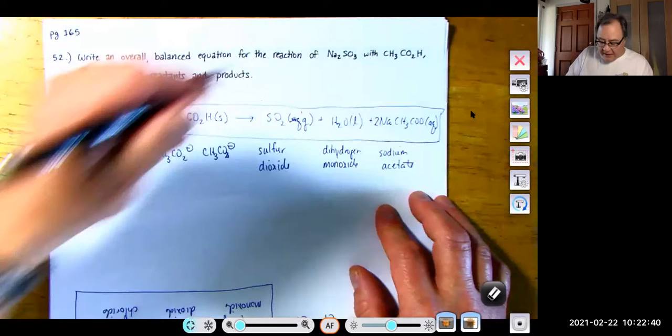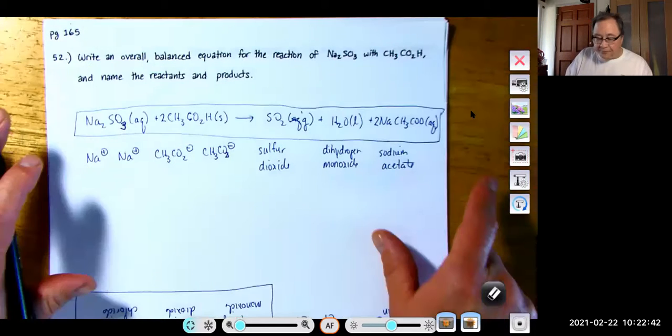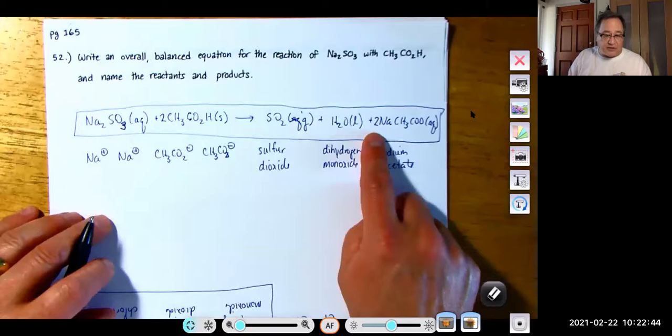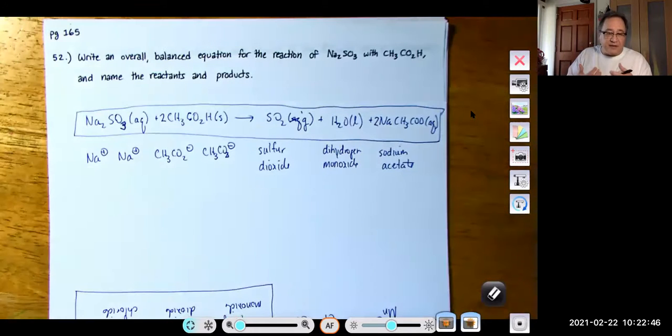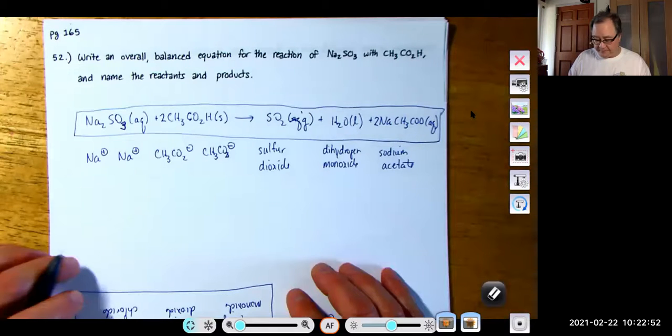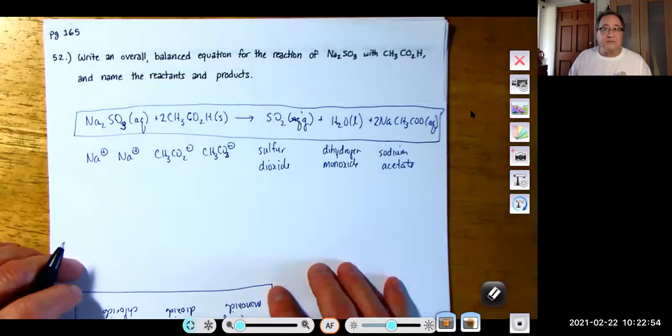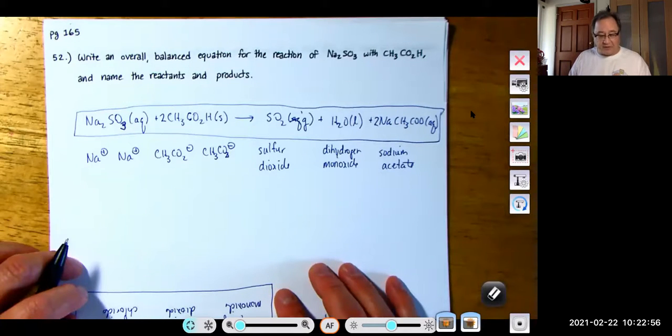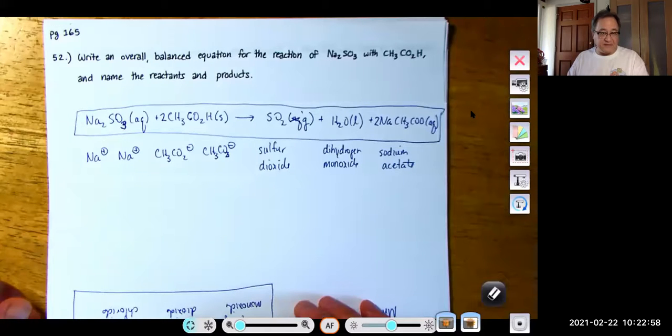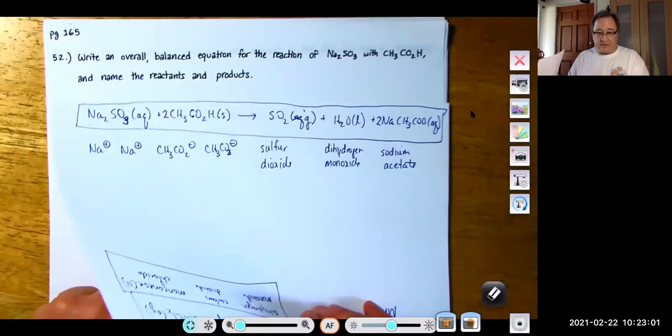Now, for any of these, do you see how the coefficient does not come into naming it? We name the substance without regard to the coefficient. Are we good to go on that one? Okay.